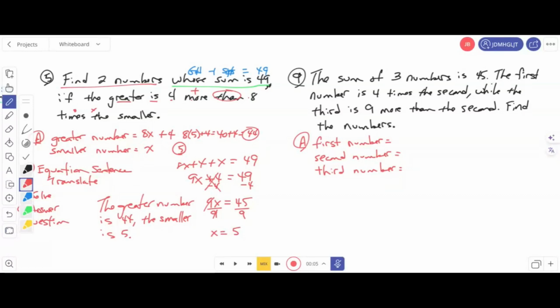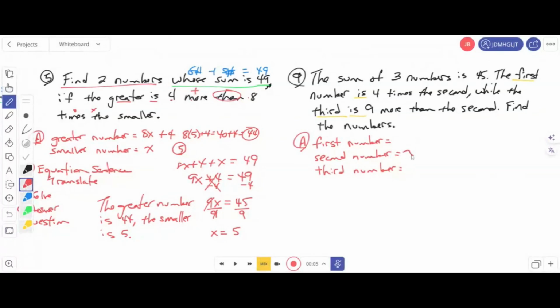Which one do we call X? All right, yes, the second. Because I have a sentence that says the first is, I have a phrase that says third is, but there is no phrase that says second is.